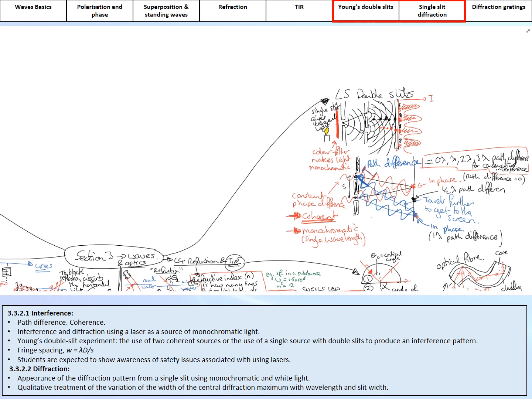And there's a formula that links all this together. So the distance here we will call D from the slit to the screen. The width from one fringe to the next fringe we will call, let's make that a bit thicker, we will call W for the width of the fringe.